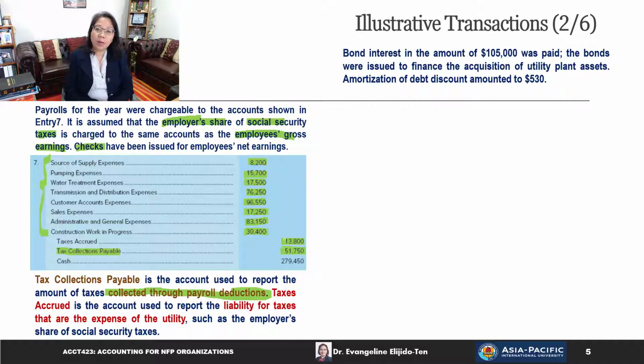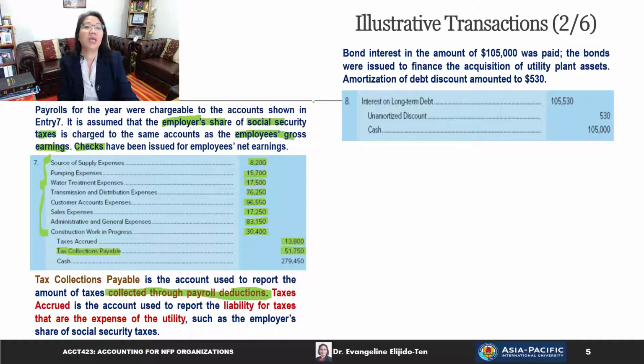Now, bond interest in the amount of 105,000 was paid, and the bonds were issued to finance the acquisition of utility plant assets, and the amortization of debt discount stated here amounted to $530. So how do we enter this?